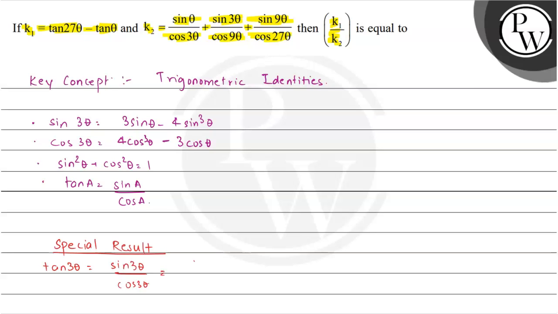Now this would be 3 sin theta minus 4 sin cube theta upon 4 cos cube theta minus 3 cos theta. Now I can write these as sin theta in common times 3 minus 4 sin square theta upon cos theta in common times 4 cos square theta minus 3.